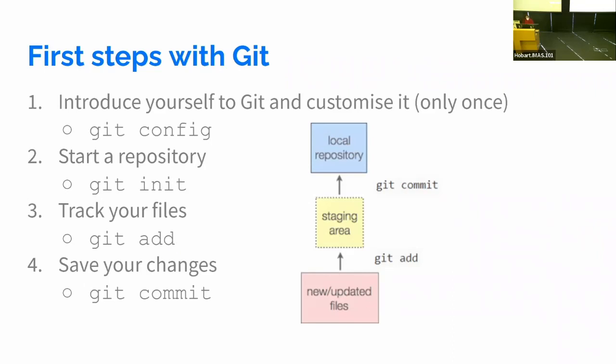Then we save the changes and have a record of what exactly changed, who changed it, and any messages associated with them using the command git commit. So those are the very basic steps that we follow when we work on our own machine. This will be a little bit different when we connect to GitHub, but with Git locally, this is what we follow.